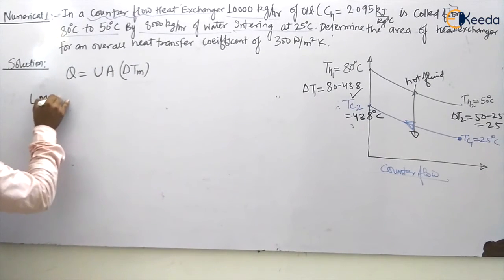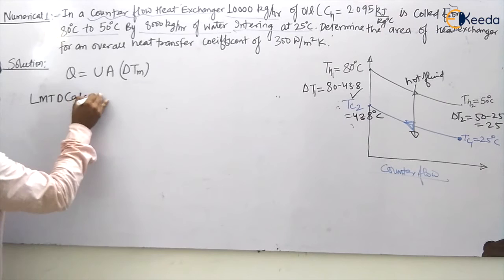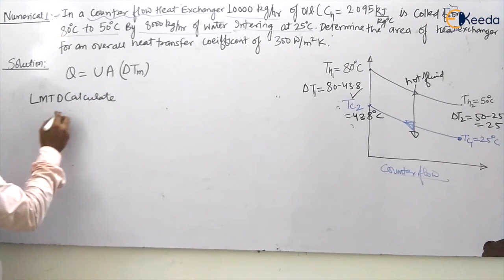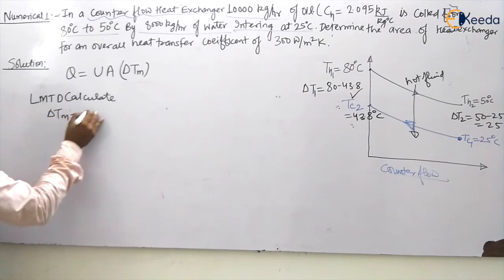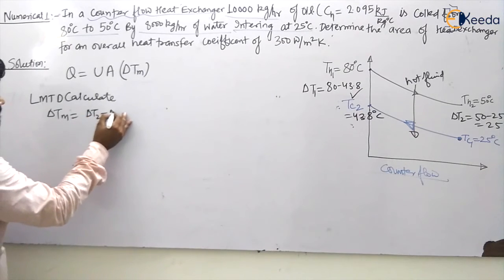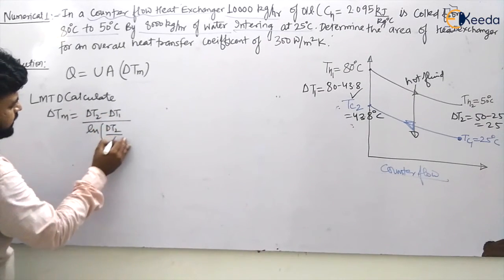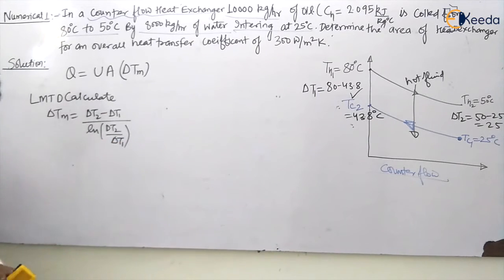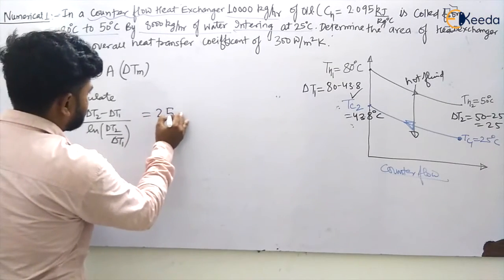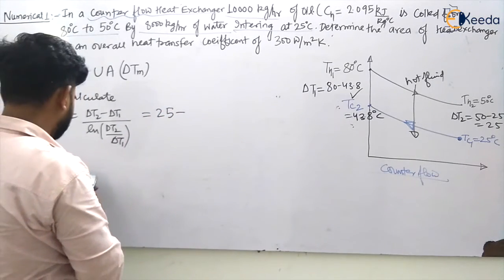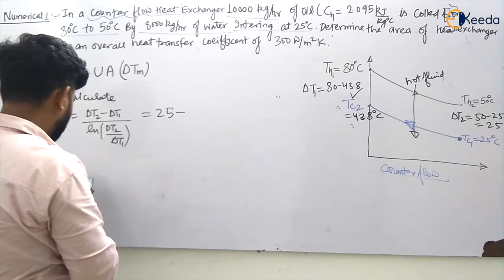So can I calculate delta Tm? So LMTD calculation. Let us calculate LMTD first. So what is the LMTD? That is delta Tm is given by delta T2 minus delta T1 divided by ln of delta T2 divided by delta T1, my dear students. So let us see what will be the value. So this will be 25 minus 80 minus 43.8.